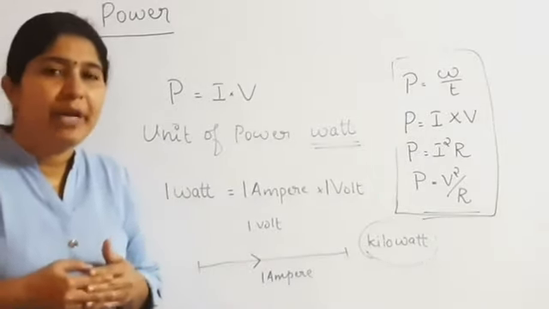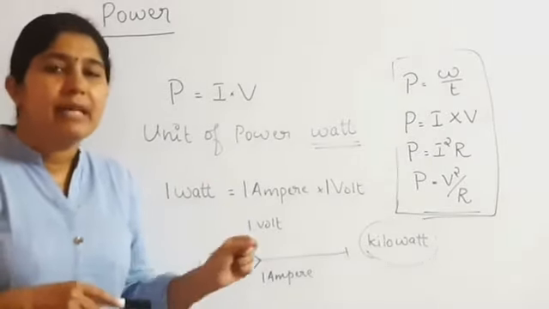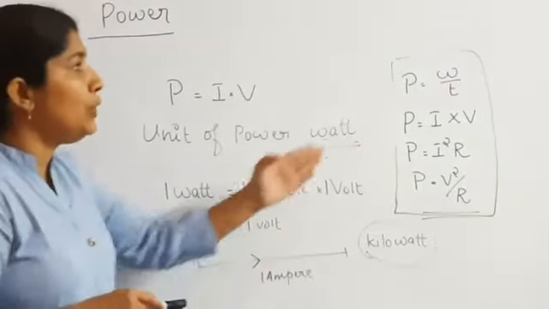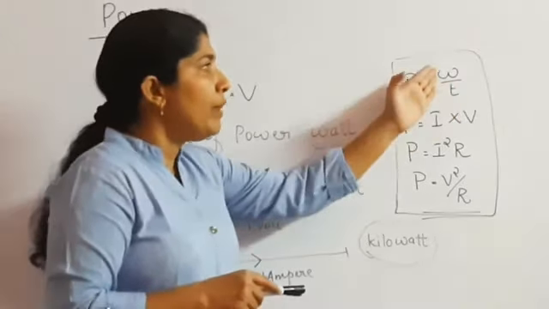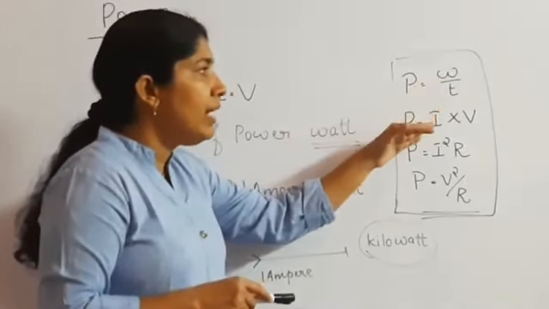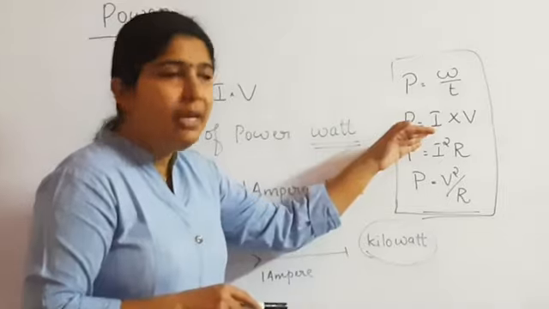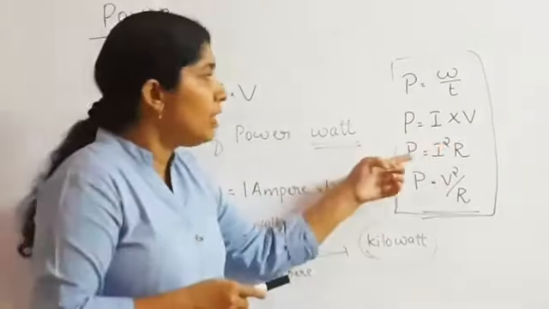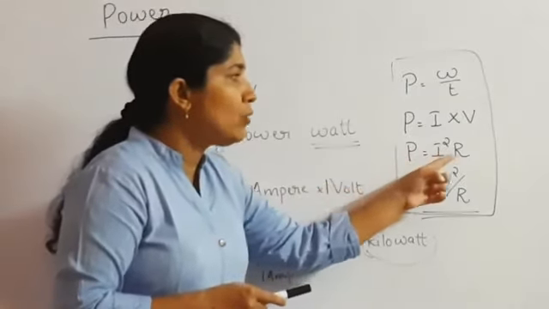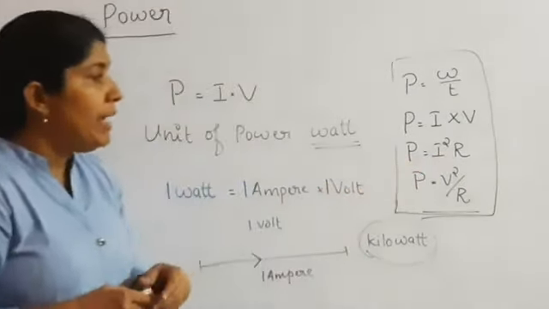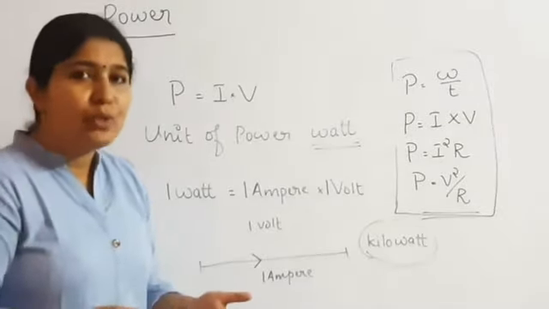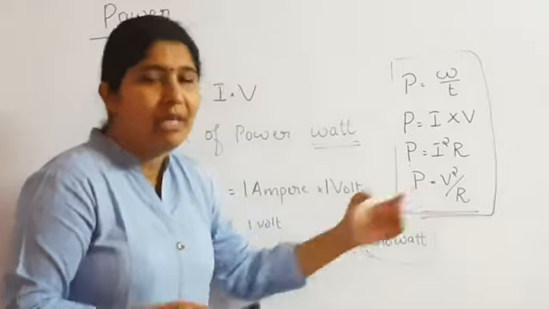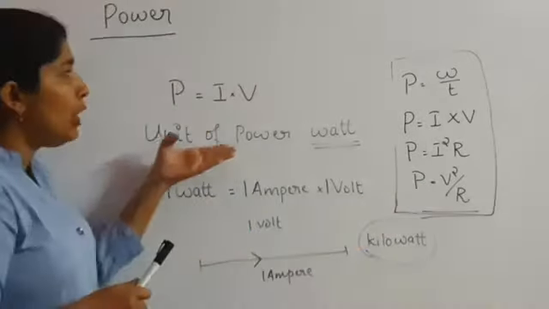Then how can we define power? Power is the rate of doing work. Power P is equal to W by T. From this equation, we can derive power is equal to V into I. Then substituting Ohm's law, we get power is equal to I squared R. Again on rearranging Ohm's law and substituting its value, power is equal to V square divided by R. Then what's the unit of power?